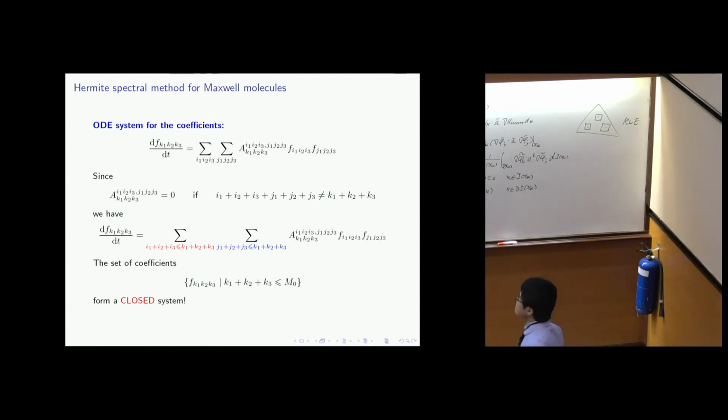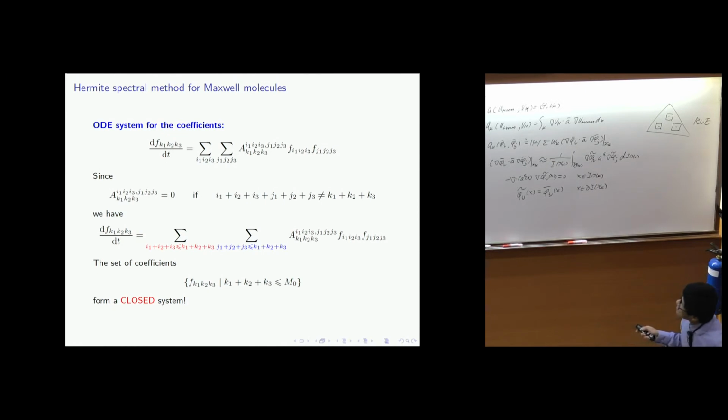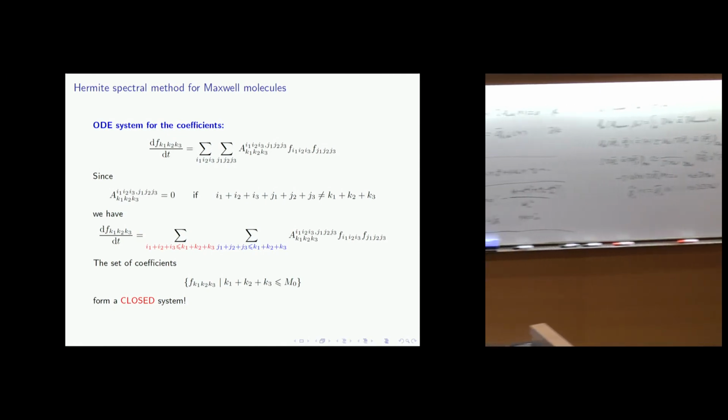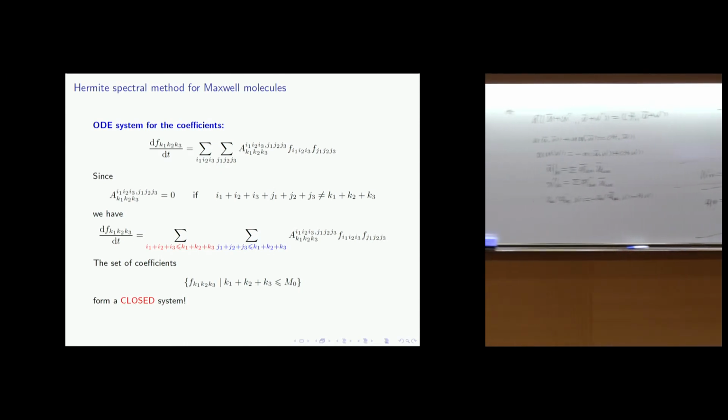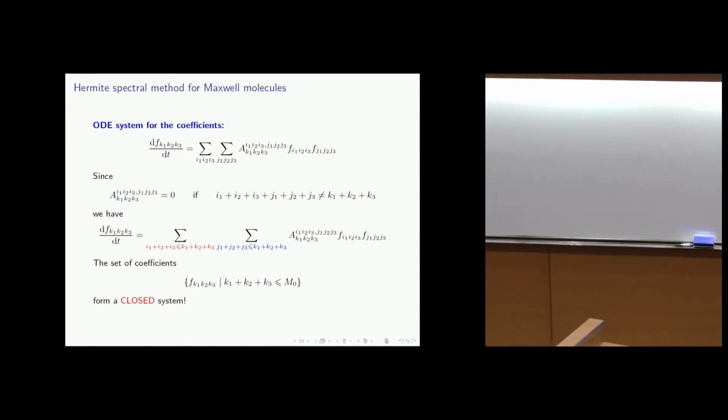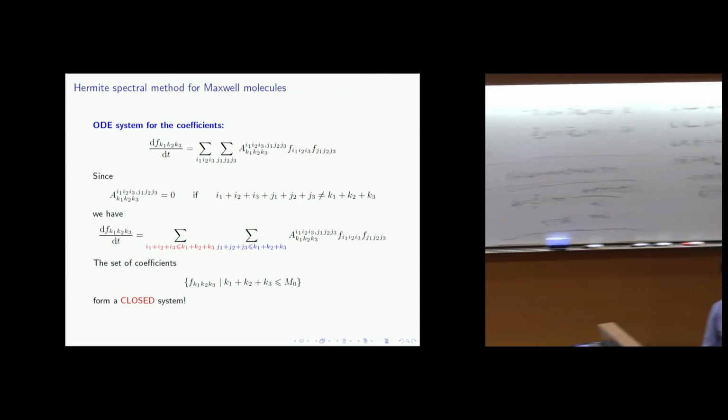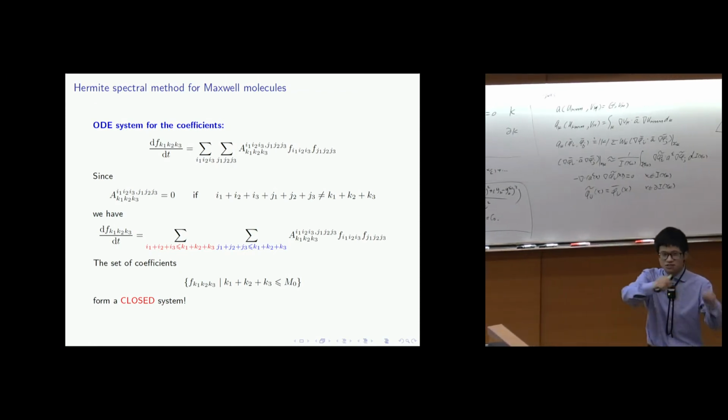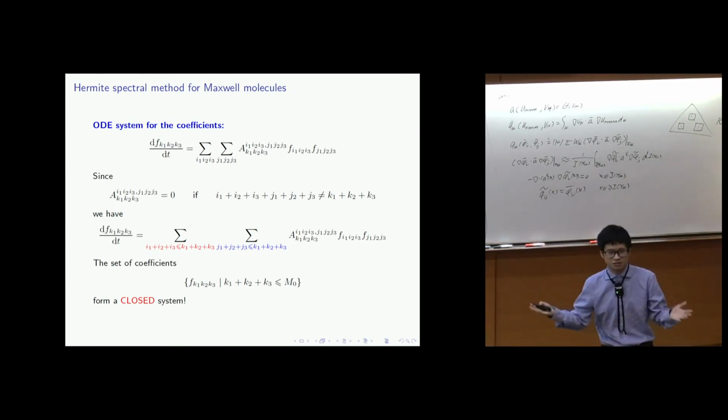And the even better thing is that if you consider a set of coefficients for which the sum of the indices is less than or equal to m0, a given number, then all these coefficients will form a closed system. This is a very special property for these special molecules. In general, if you do a discretization of a partial differential equation, all the degrees of freedom are coupled with each other. This is a normal case.